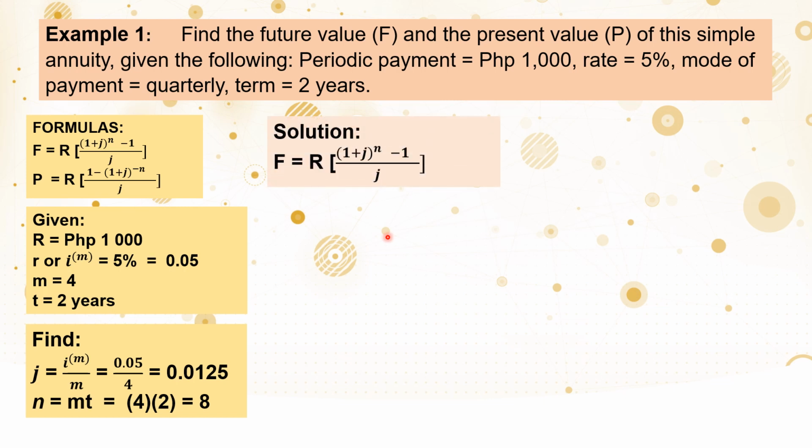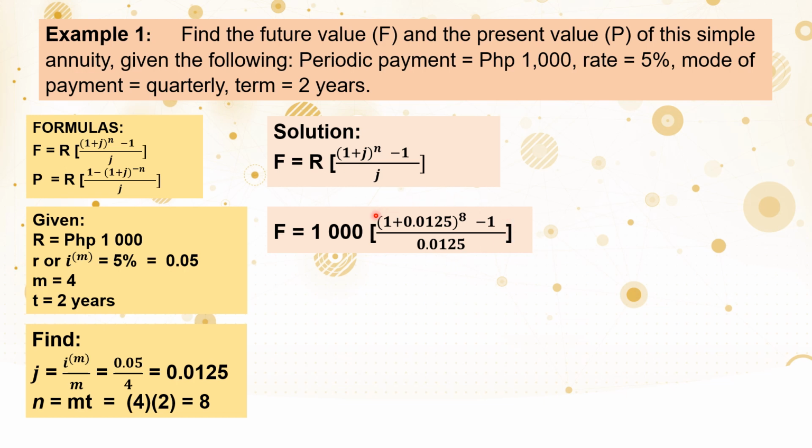So we can now find the future value using this formula. Just substitute all the given in the formula. So future value is equal to R, our R is 1,000, times the quantity 1 plus our j is 0.0125 raised to our n, which is 8, minus 1 over our j is 0.0125.